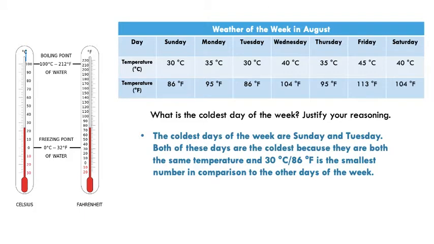So Sunday and Tuesday. And then if we look at our degrees in Fahrenheit, we have 86, 95, 86, 104, 95, 113, 104. And again, out of all of these, 86 is the lowest, meaning that both Sunday and Tuesday are the coldest days of the week.